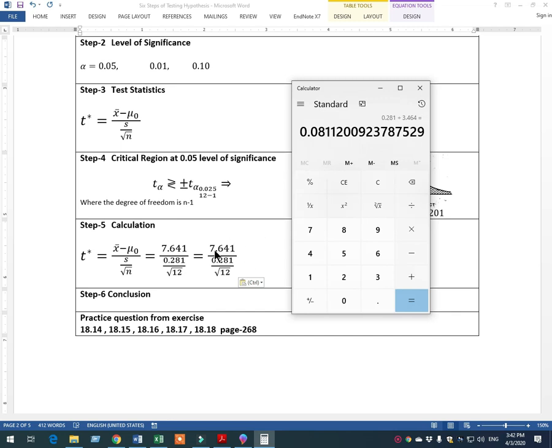Then I'll be dividing 7.641 by 0.0811, which gives 94.21.